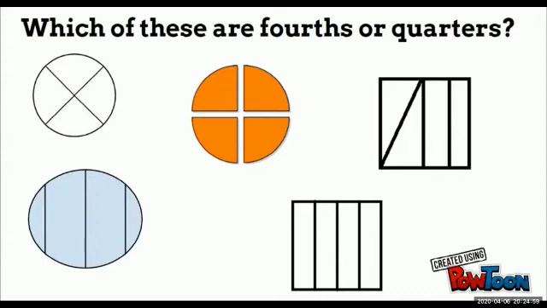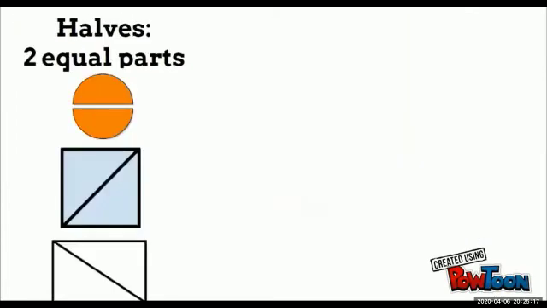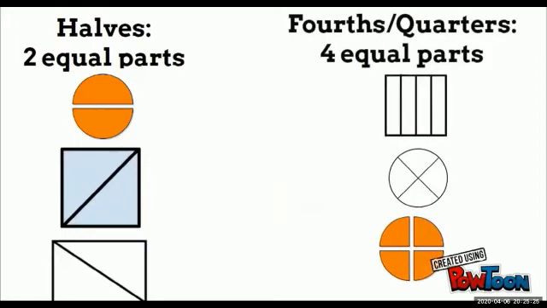So here we go. These ones over here are not fourths, because although they have 4 pieces, they're not the same size pieces, so they're not fourths or quarters as we call them. But these ones over here on the other side are all fourths or quarters because they have 4 equal pieces. So to sum it all up, halves is when something is partitioned into 2 equal parts. And our other words for today were fourths or quarters, and that's when something is cut up or partitioned into 4 equal parts. Thanks for joining me. See you next time. Peace out.